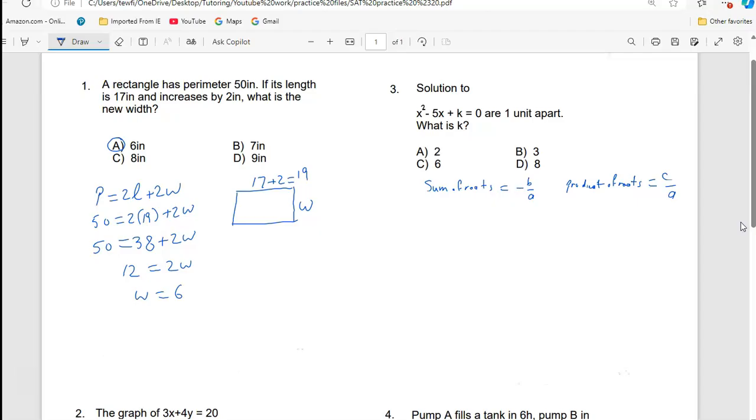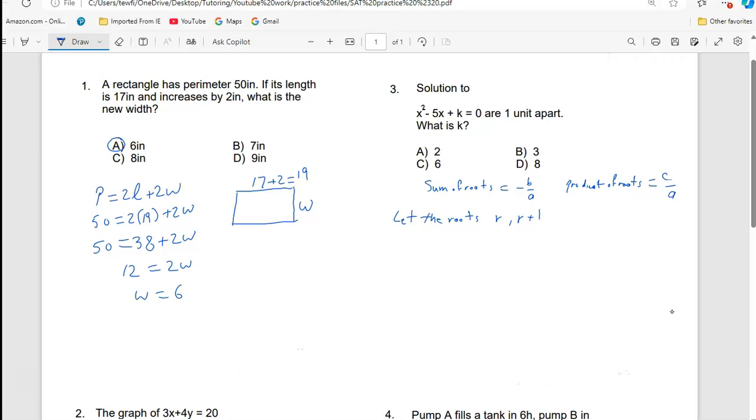So what are a, b, and c? A is 1, b is negative 5, and c is k. So how can I get the roots? I'm going to let the roots be r and r plus 1, because they are 1 unit apart.